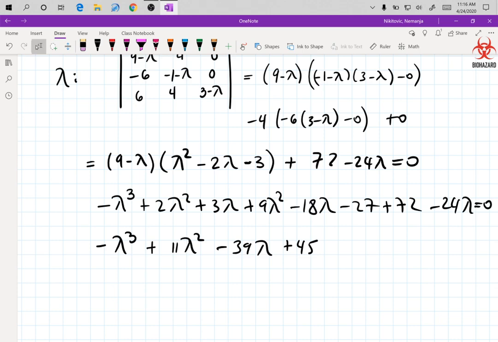3 minus x, and then minus 4, negative 6 times 3 minus x. There we go. Let's see what it's going to give.